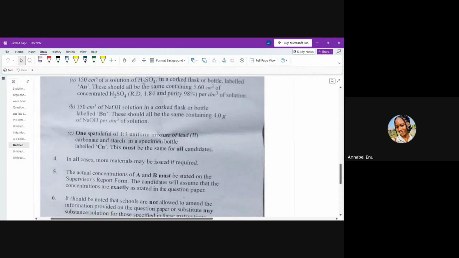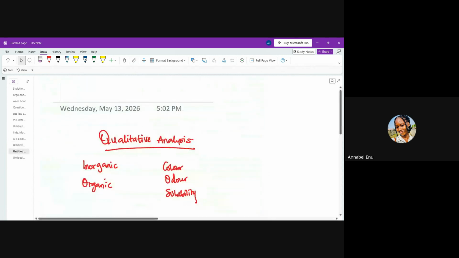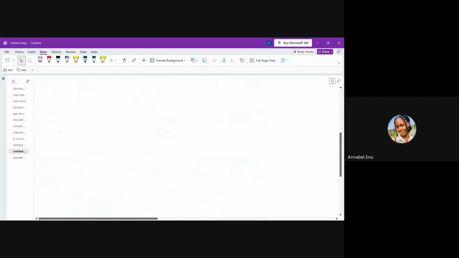One of the labeled reagents you'll be working with is lead 2 carbonate. That's what we can see here. Lead 2 carbonate, and you will also be working with starch. They are mixed together. So this is what we'll be working with this year.